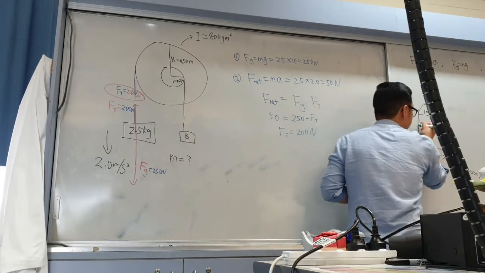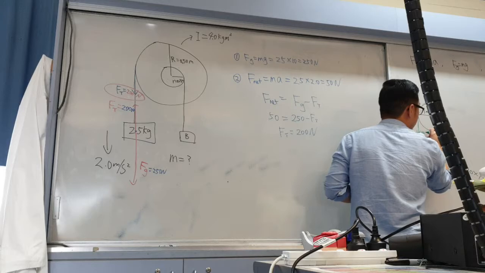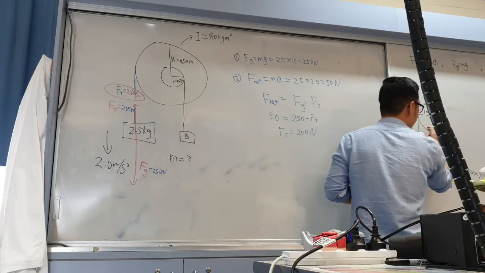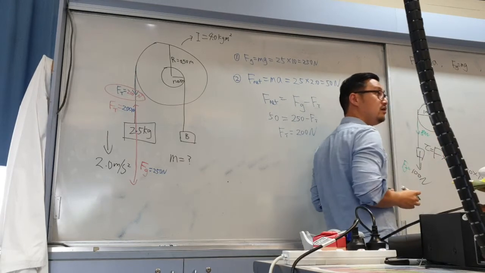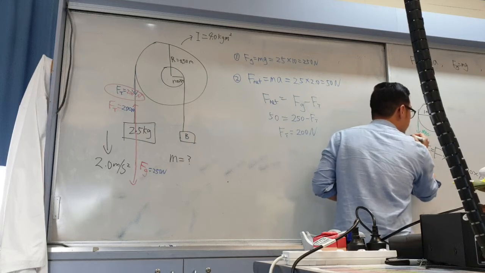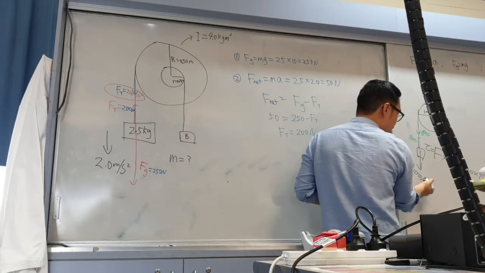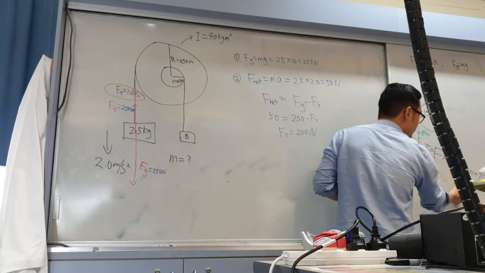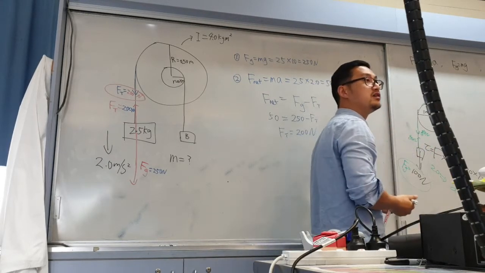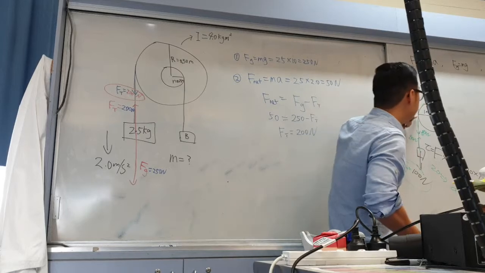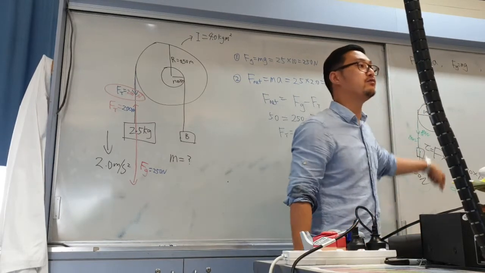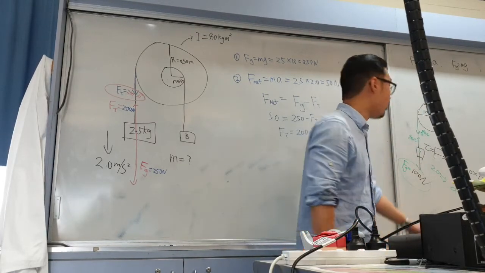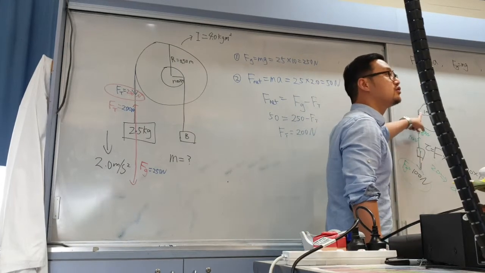Rather, the tension force here is making it go down. There will be, say, 80 Newton tension force, right? And then there's an 80 Newton tension force going up. So of the 100 Newton force, 20 of it has been used to make this object accelerate downward. And then only 80 Newton is going to be passed on to here to make it rotate. Does it make sense?